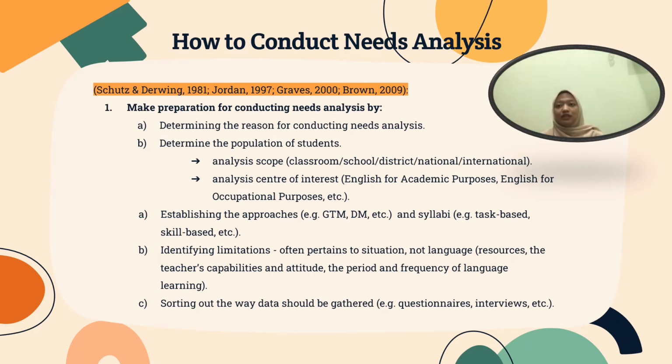Next step is determining the population of students, which could be done in 2 angles. The first one is by analysis scope, which needs analysis can be executed range from classroom, school, district, national, or international. The second angle is analysis center of interest.